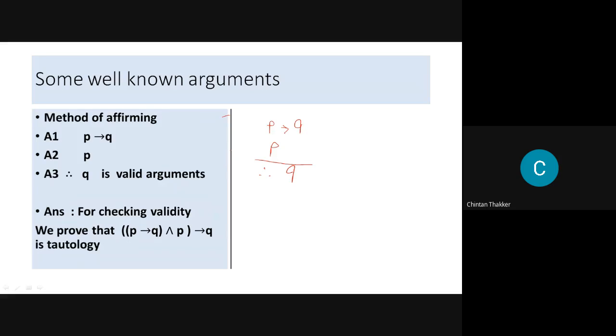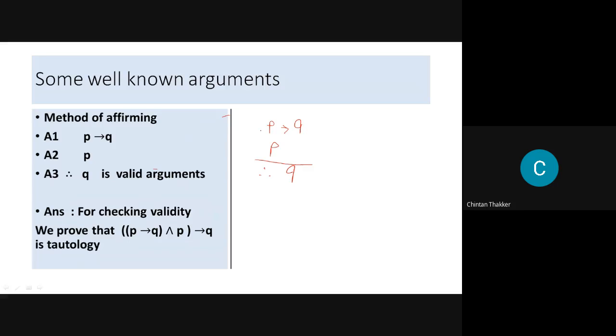Okay, if this type of argument is given, now to check whether it is valid or not, before the conclusion we take P implies Q and P. We write these two in an AND statement.